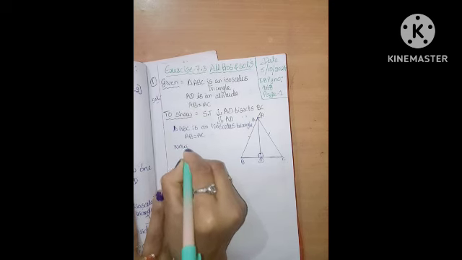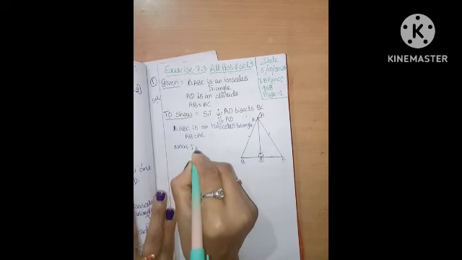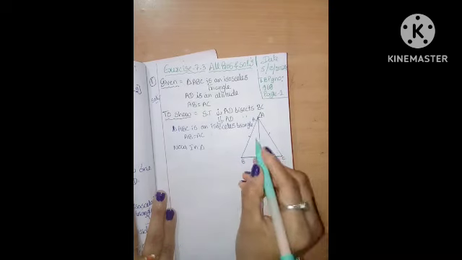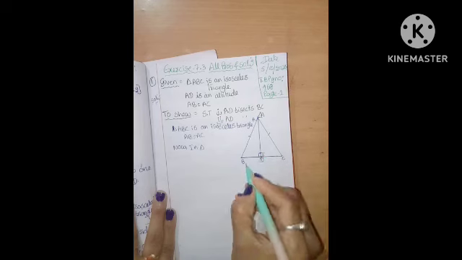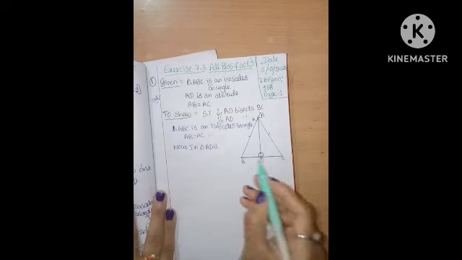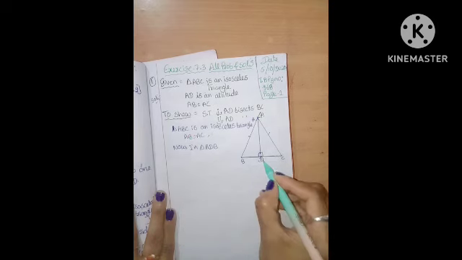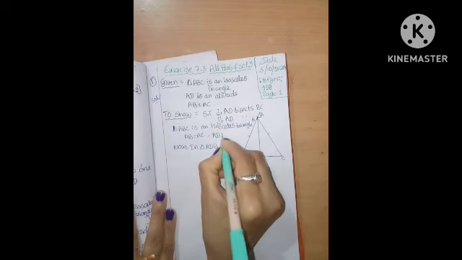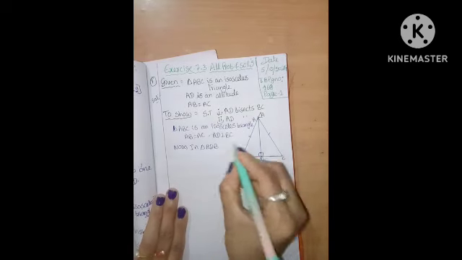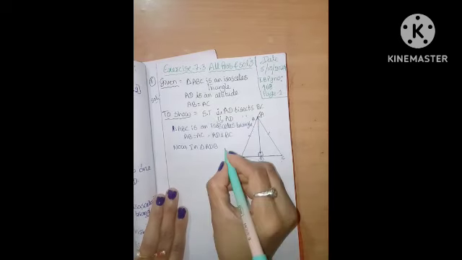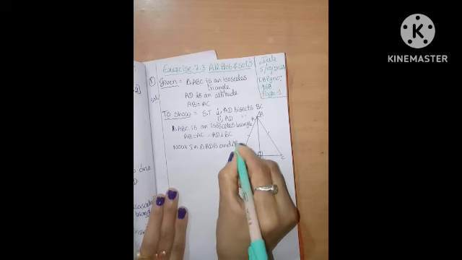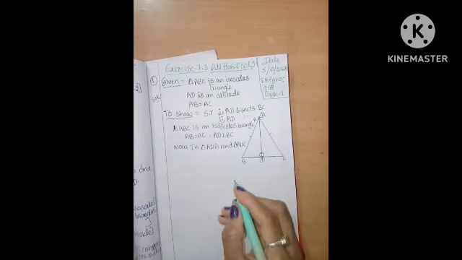Now in triangle ADB, one more point, write it Gagan Sai: AD is perpendicular to BC. Next, in triangle ADB and triangle ADC.